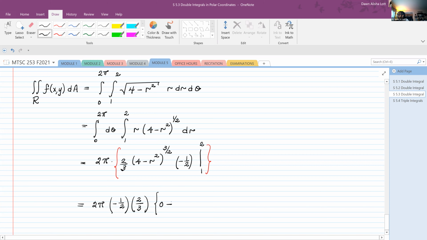And when I put in r equals 1, I get 4 minus 1, which is 3 to the 3/2 power.